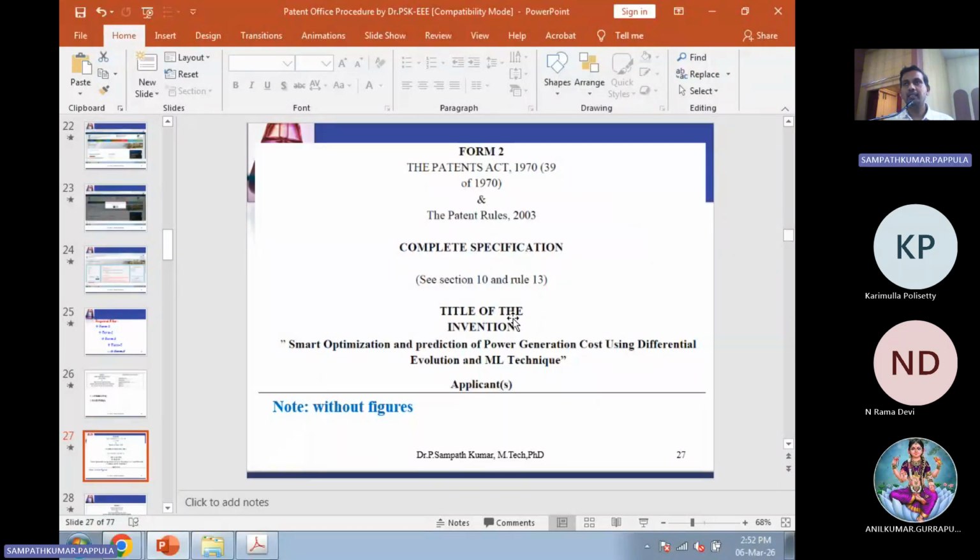If you write any general paper or conference paper, you always include figures. In some journals they ask you to upload your paper without figures on that particular site. But in the case of patent filing, we should not include the figures in Form 2.